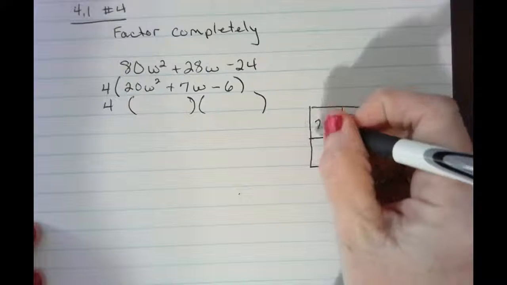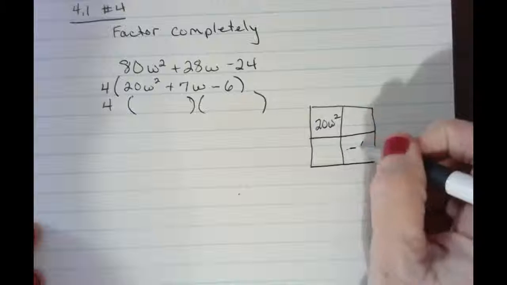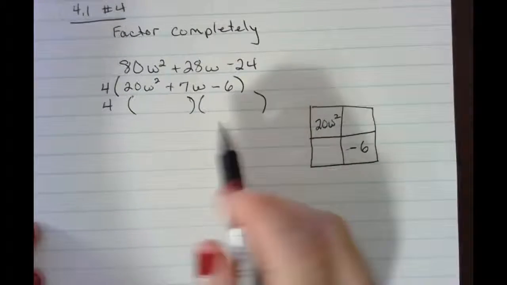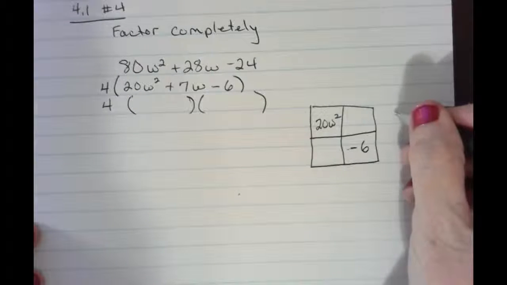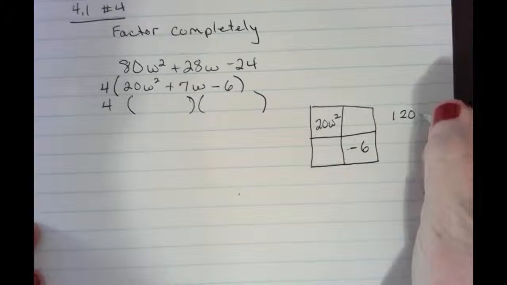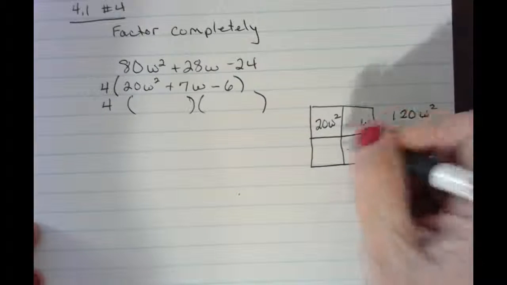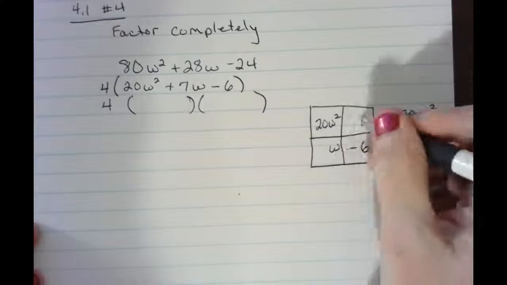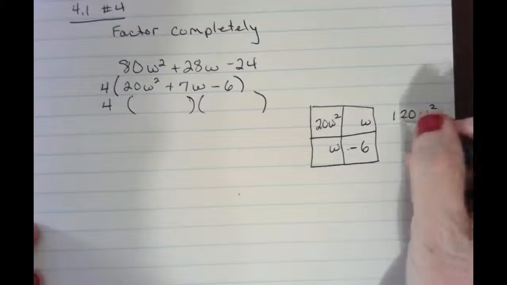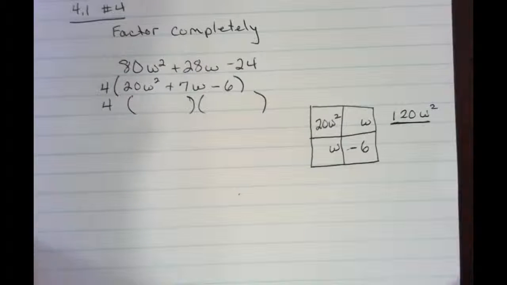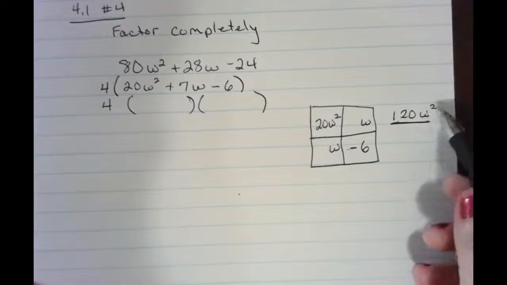And in the first box goes the first term. The last box goes the last term. And then I multiply these two together. So I get 120 w squared. Well, I know the only way I can get w squared is w times w. These two should add to give me the middle term and multiply to give me the 120 w squared.